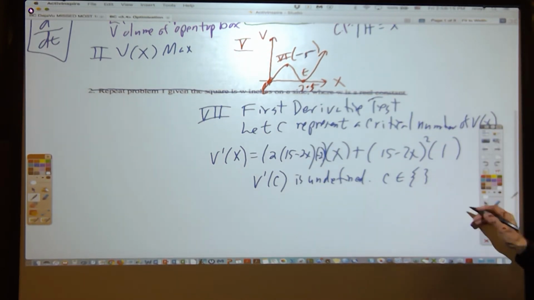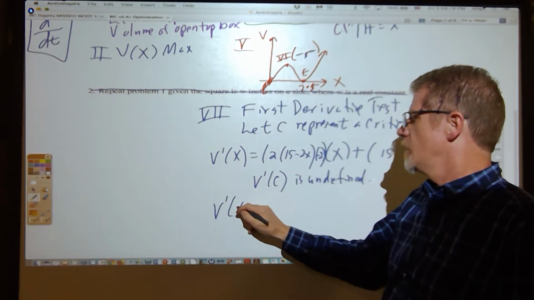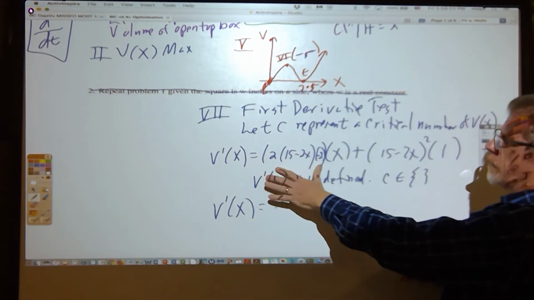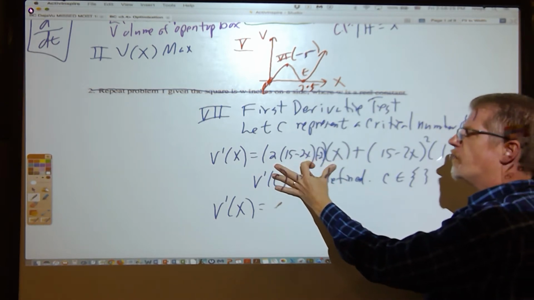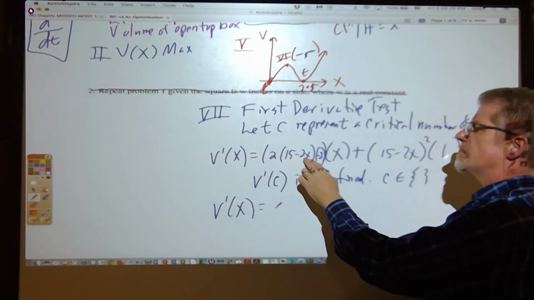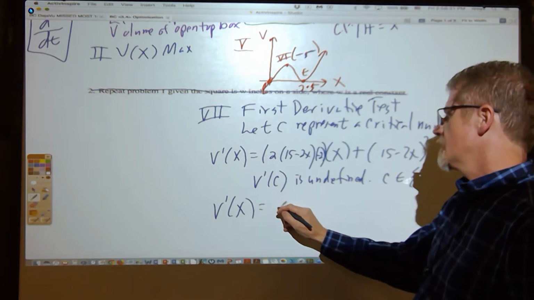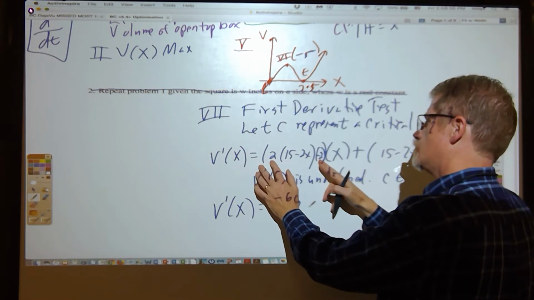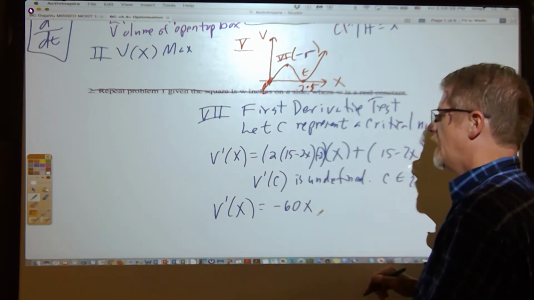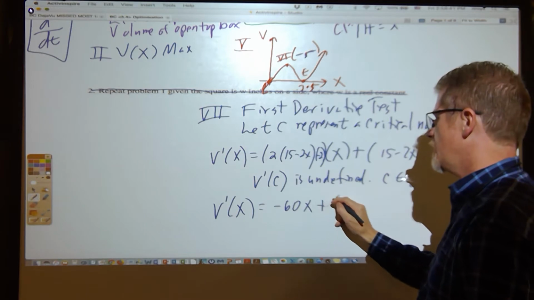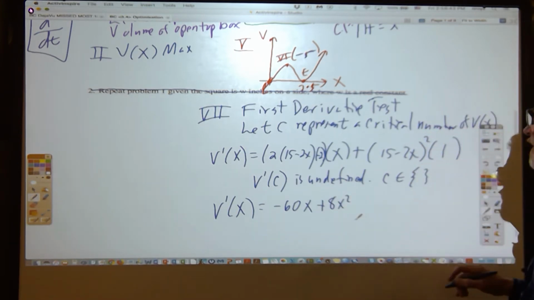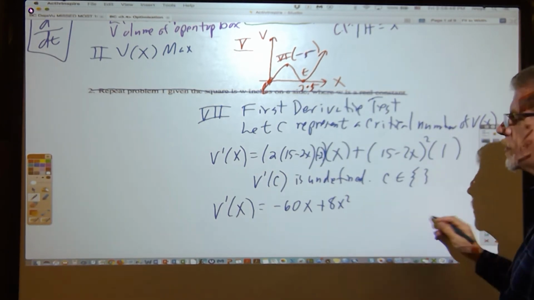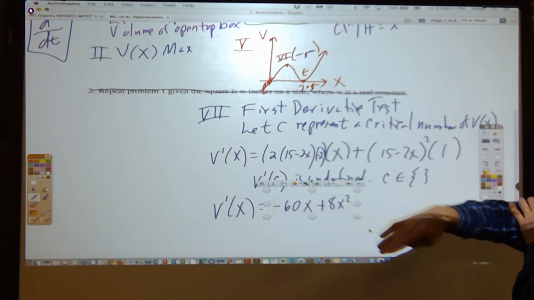So allow me to, in simplified form, write v prime of x as -4x. Would you permit me to distribute a -4x to 15 minus 2x? That would give me -60x, and -4x times -2x is plus 8x squared. Actually, I totally regret having done that because I missed out on an opportunity.